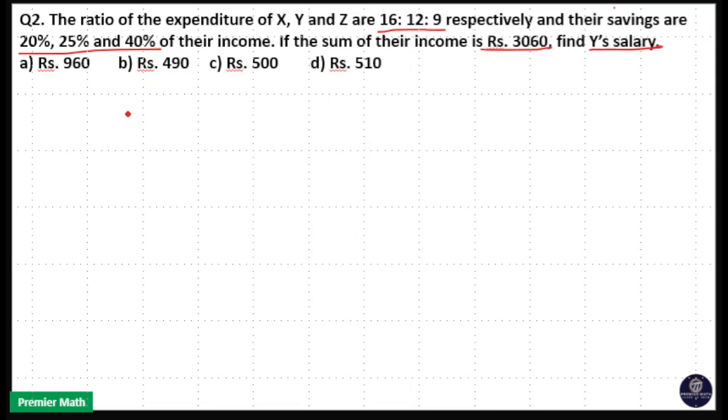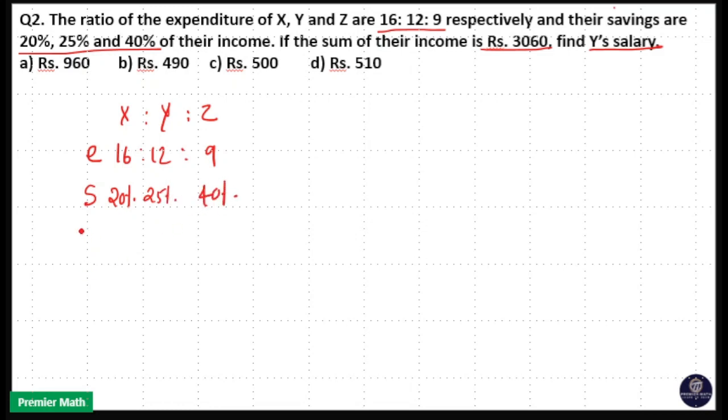So we have three people X, Y and Z here. Their expenditure is in the ratio 16:12:9 and their savings are 20%, 25% and 40%.